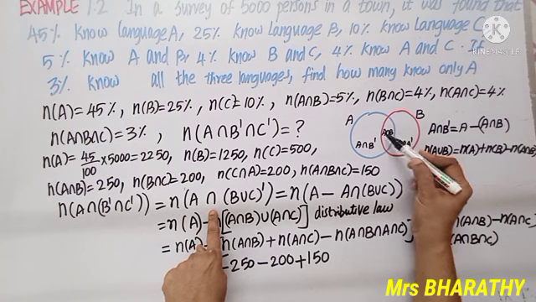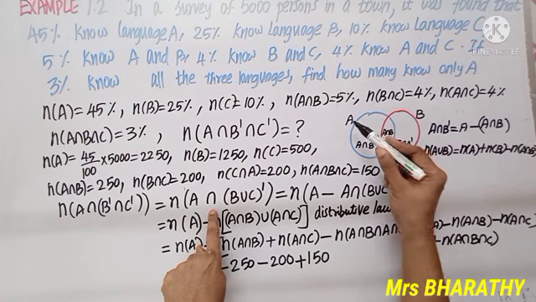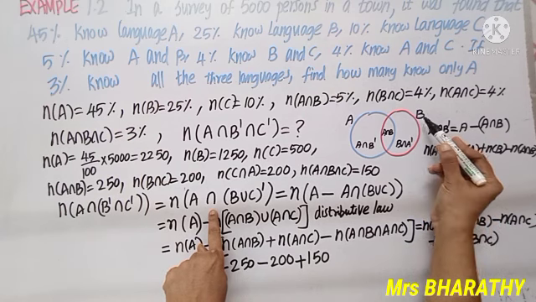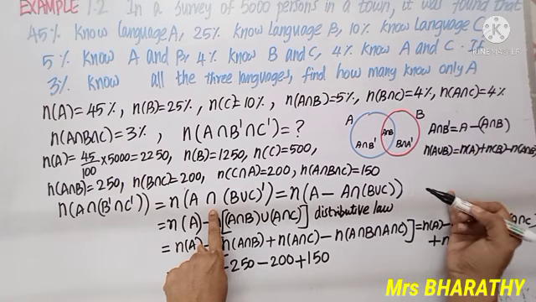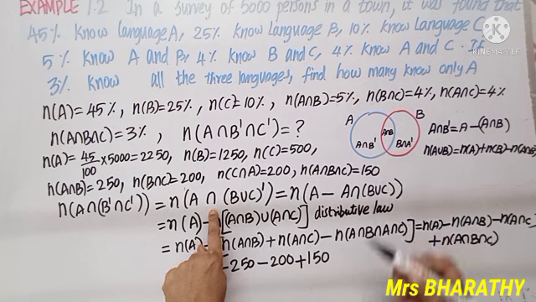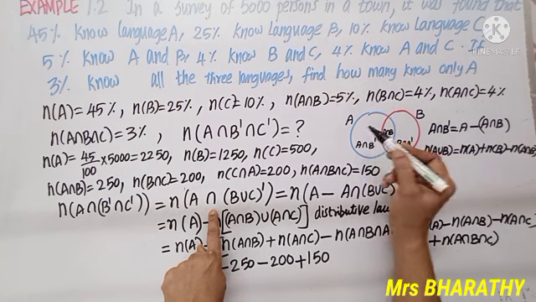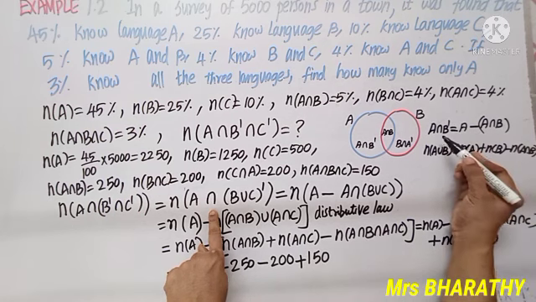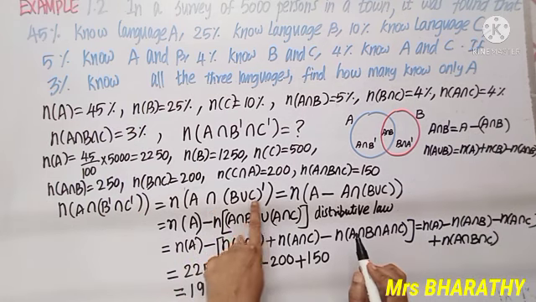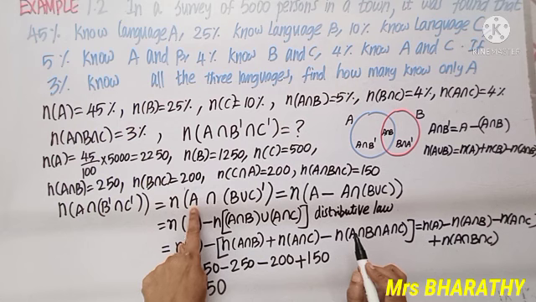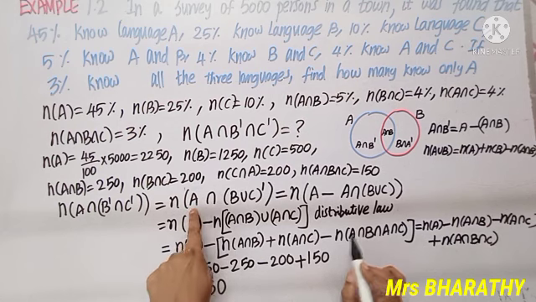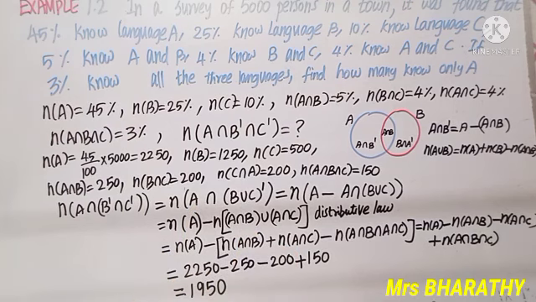A intersection B is nothing but A and B, the common portion. So what is A intersection B dash? It is A minus A intersection B. So we can write B union C the whole dash intersection with A as A minus A intersection this part.